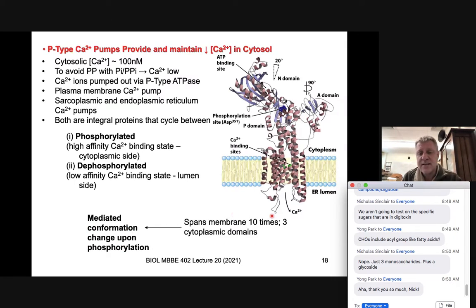And as I said, the simple phosphorylation event, with that negative charge being added to the protein and causing a change in ionization to cause a conformational structural change, has resonance throughout a number of cytoplasmic domains and ultimately affecting the transmembrane domain in regards to doing its job in selectively binding high affinity sites for calcium and changing those high affinity sites to low affinity sites to cause the release of calcium into the endoplasmic reticulum.